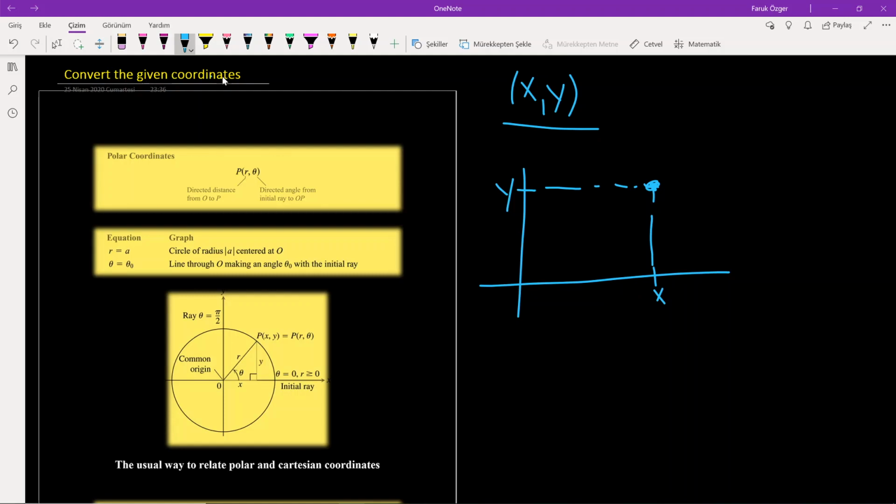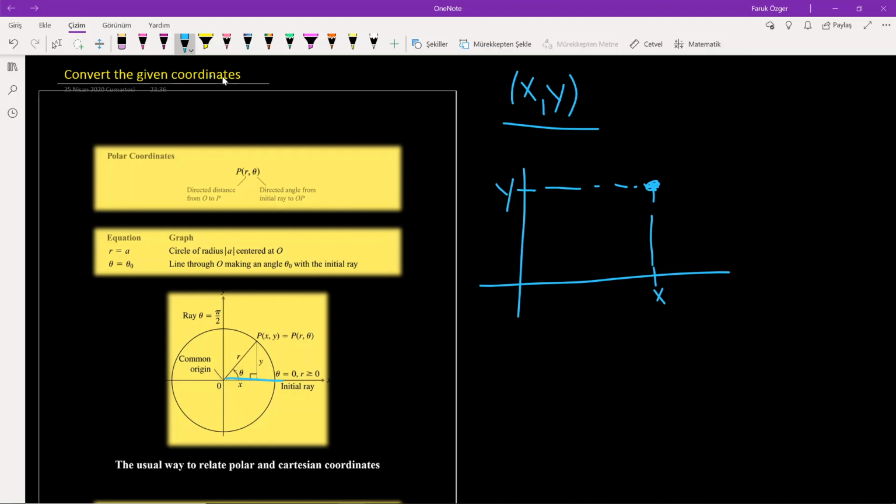In the polar coordinate system, instead of moving vertically and horizontally from the origin to get to the point, we could instead go straight out of the origin until we hit the point and then determine the angle this line makes with the positive x-axis.